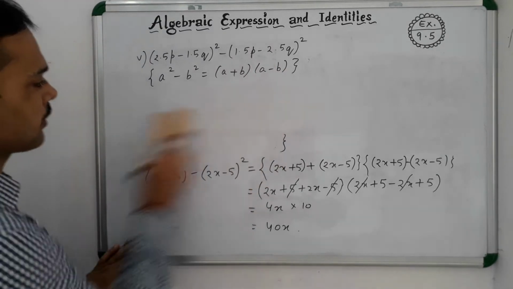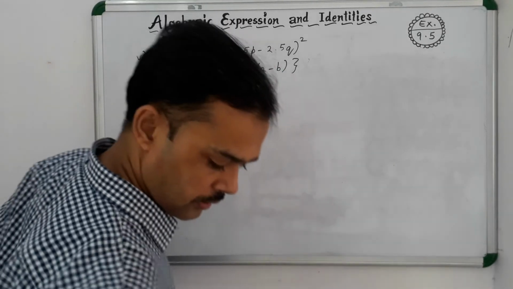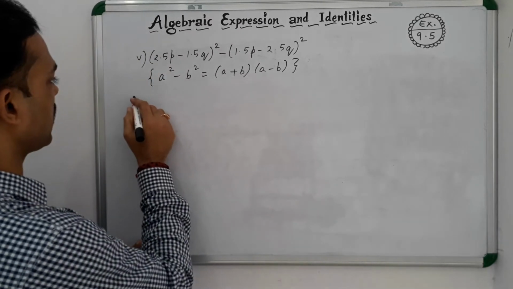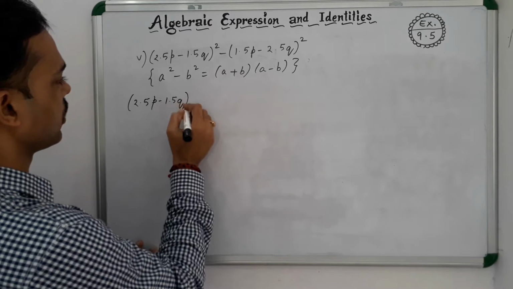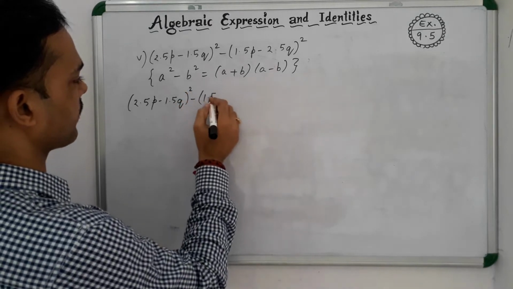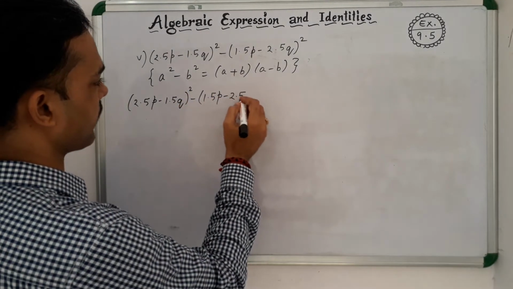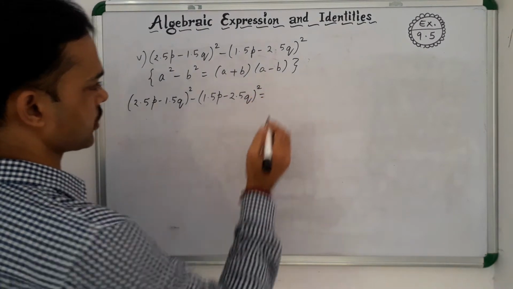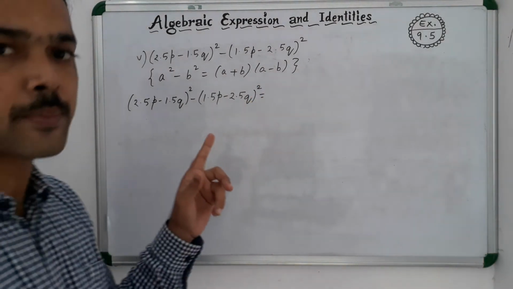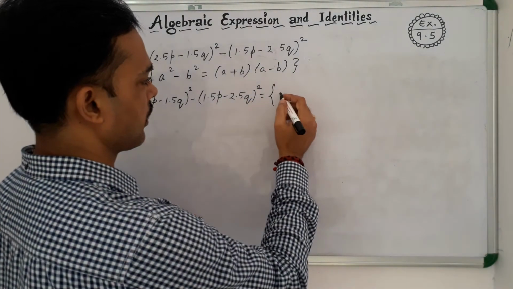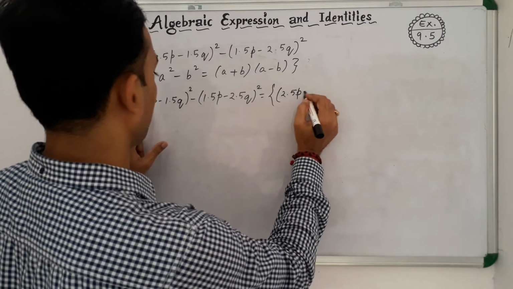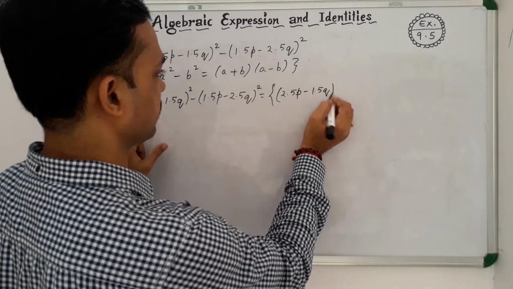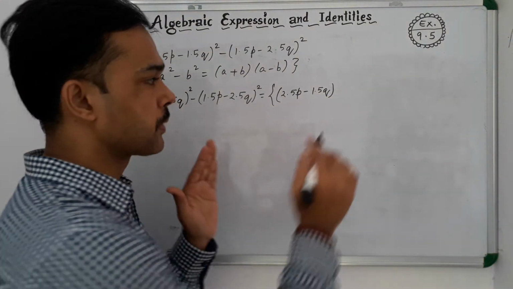So let us solve, and when we solve then what we find is (2.5p minus 1.5q) whole square minus (1.5p minus 2.5q) whole square equals a plus b into a minus b. A is 2.5p minus 1.5q plus b.